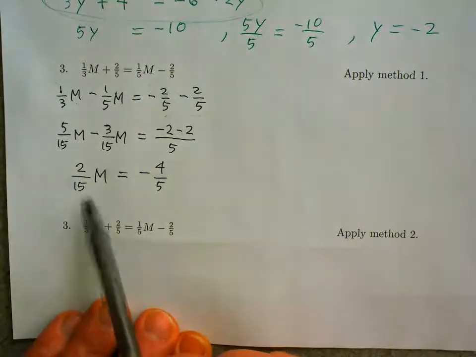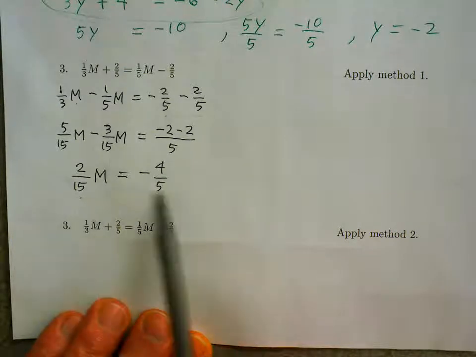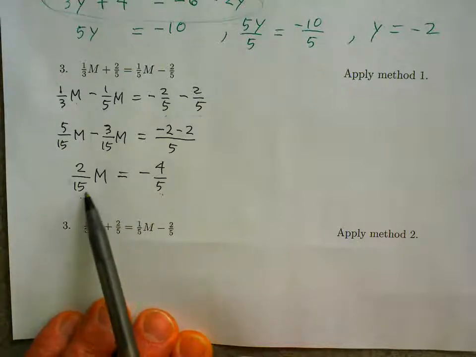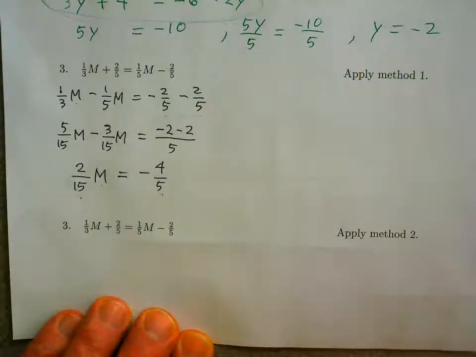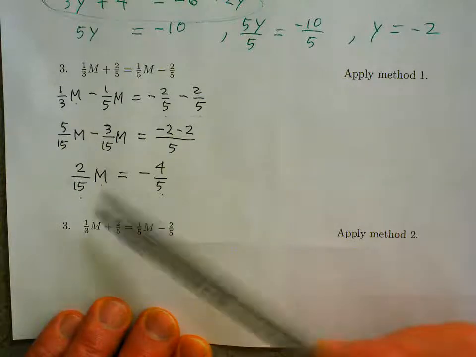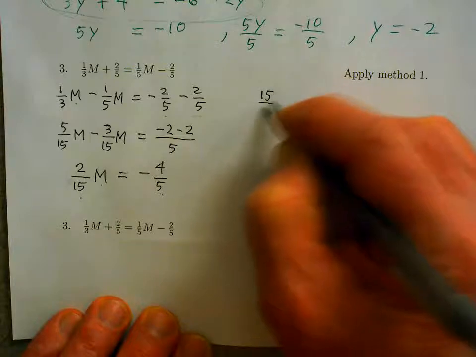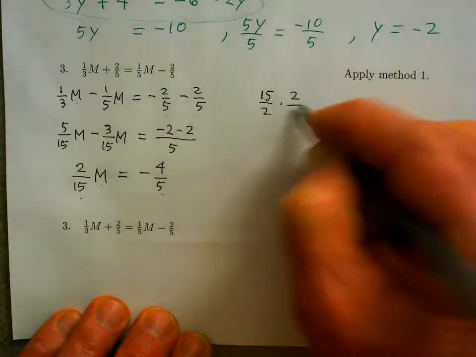Okay, then we can multiply both sides of this equation by the reciprocal of the coefficient of m. So in other words, multiply both sides by 15/2. So 15/2 times 2/15 times m.